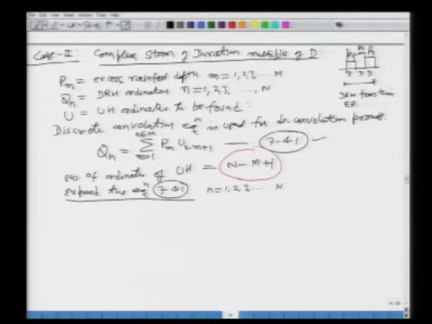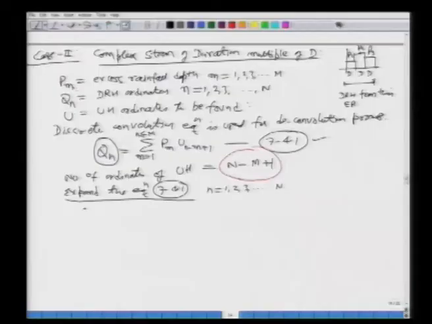So, we will write this q n for small n varying from 1 to capital N. We have seen this earlier in the last chapter when we looked at the time area diagram. So, I will not spend too much time on that, and I will write these equations directly, and then go to the two methods which we can use for the derivation of the UH. So, let us look at this now.